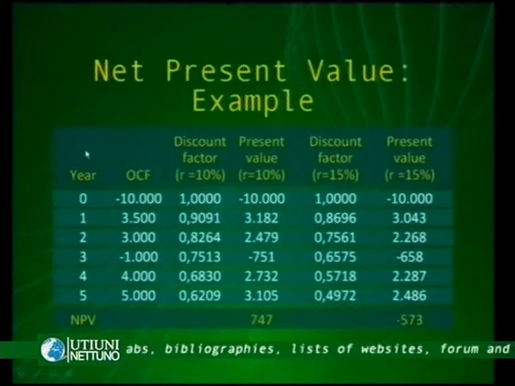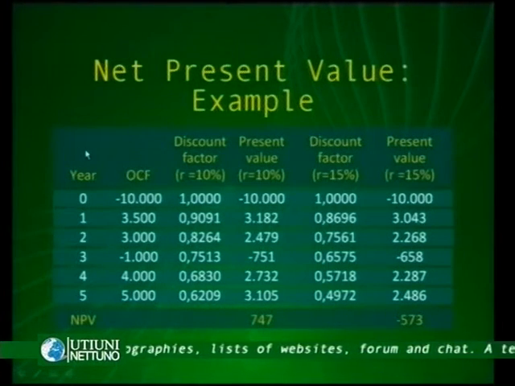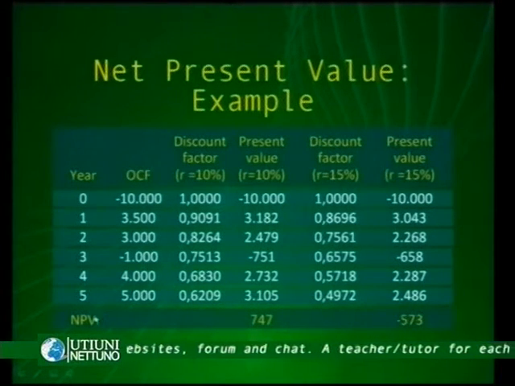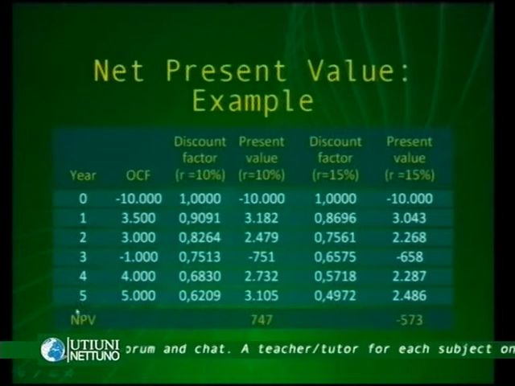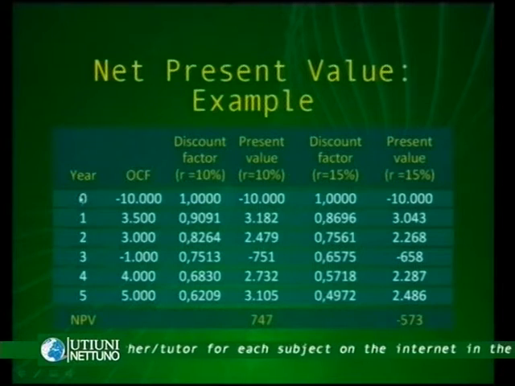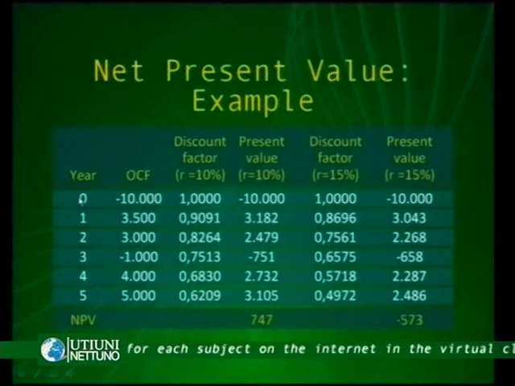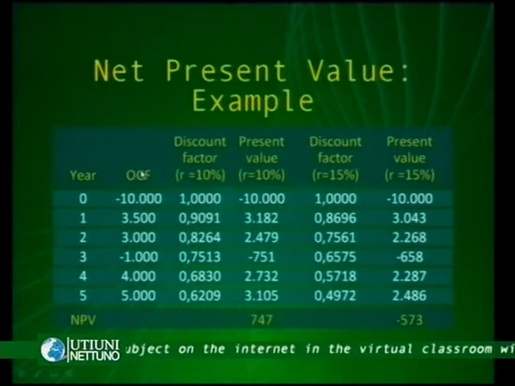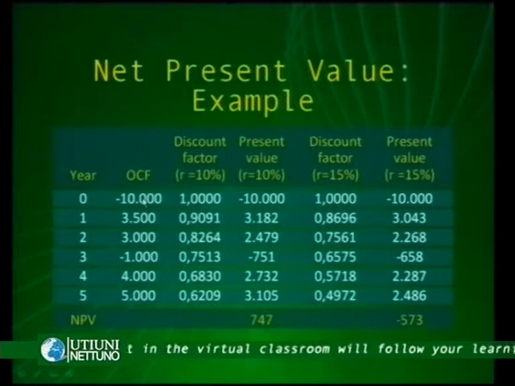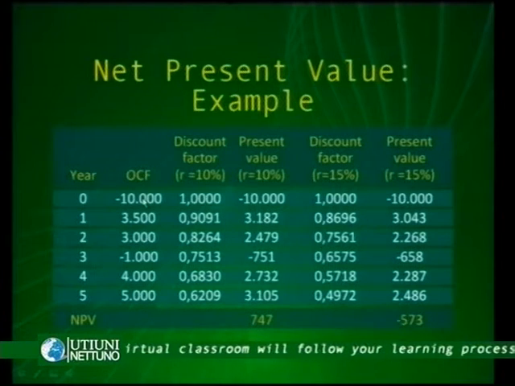So in this table, we can observe that in the first column on the left, we have the year. The project has a life of 5 years. In year 0, we make the initial investment, so the present moment. The second column reports the operating cash flows. So we have an initial investment of minus 10,000.